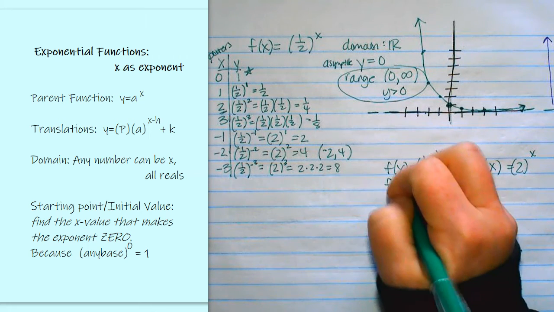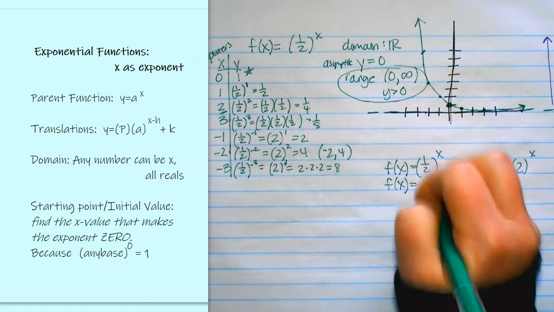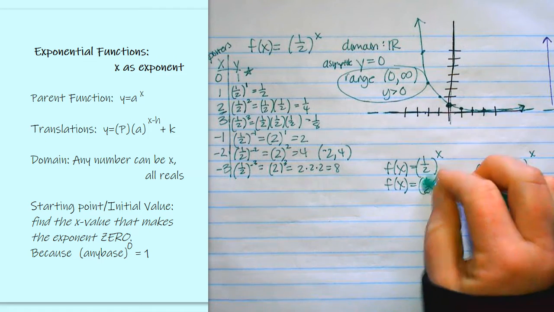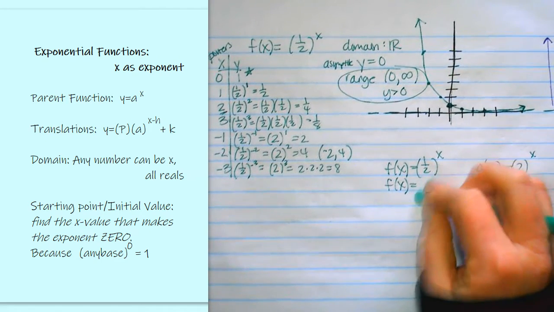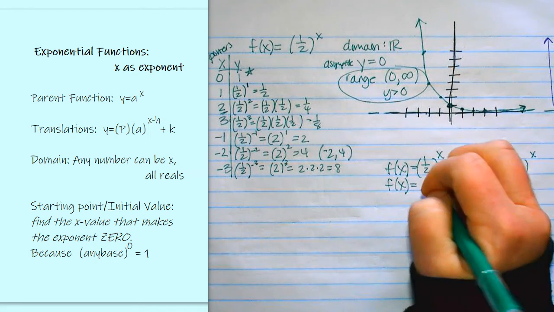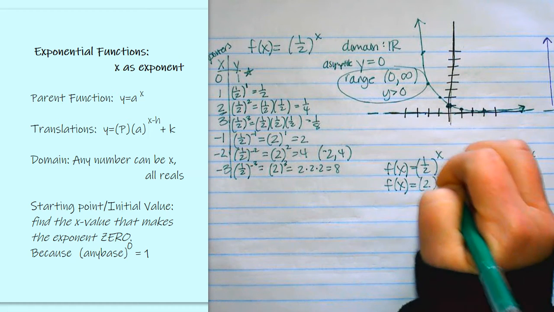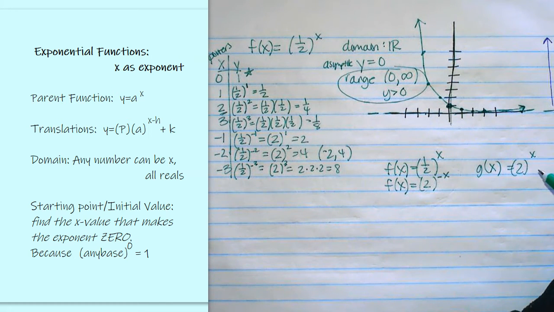So if I rewrite it like this, I want to actually write it with my translation. If I say 2 to the negative x, that's the same base now.